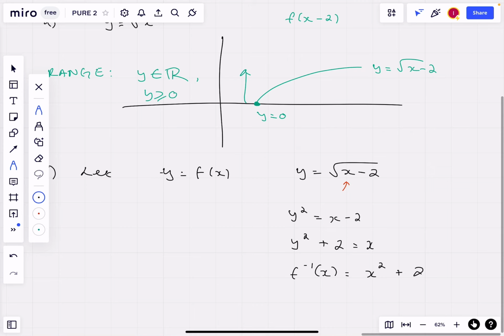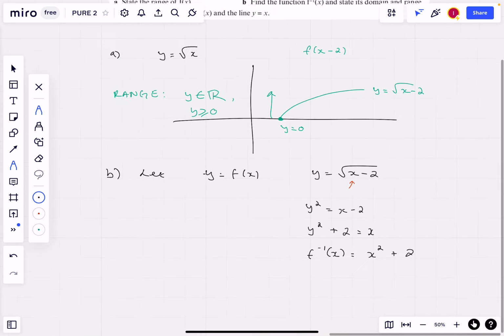We don't have to draw it again to know the domain and range. Domain of f(x) is range of f^-1. Range of f(x) is domain of f^-1. That's the rule.